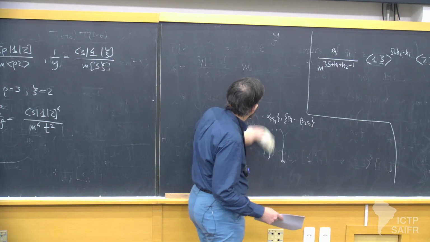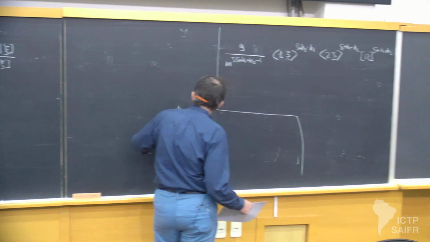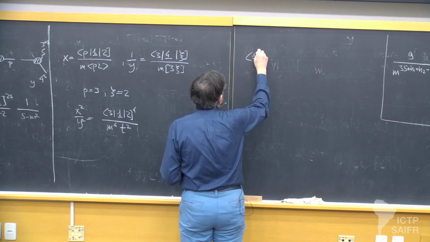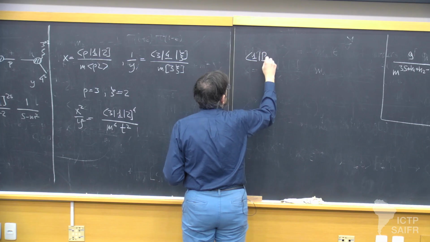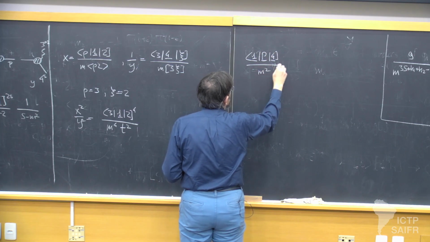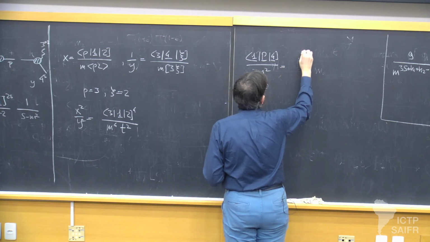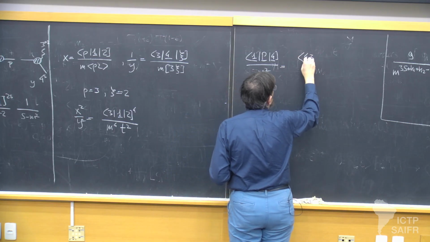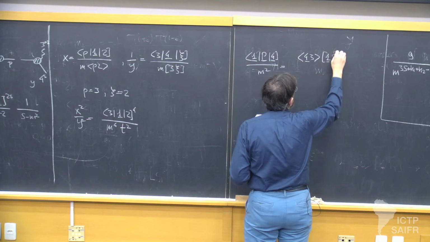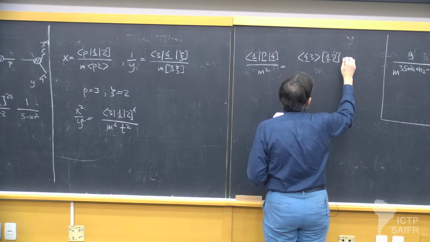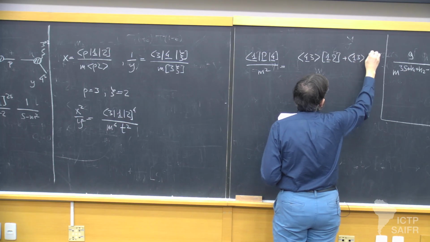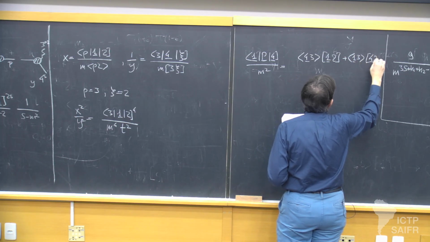In fact, in a certain sense, we are obliged to write it out in order to see its full analytic structure. So we have 1p4 divided by m squared is equal to 4312 plus 1342.